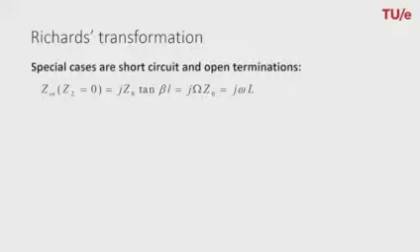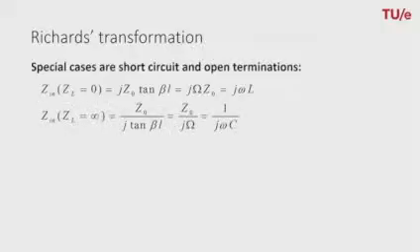So it's j times Z0 times tangent beta L, which can also be written as j capital Omega times Z0. And that looks already similar to the impedance of an inductor, so j omega L.